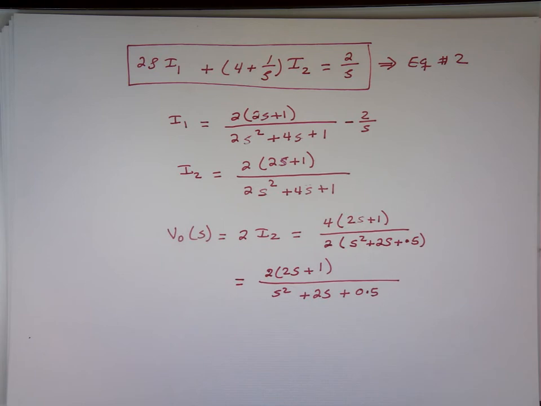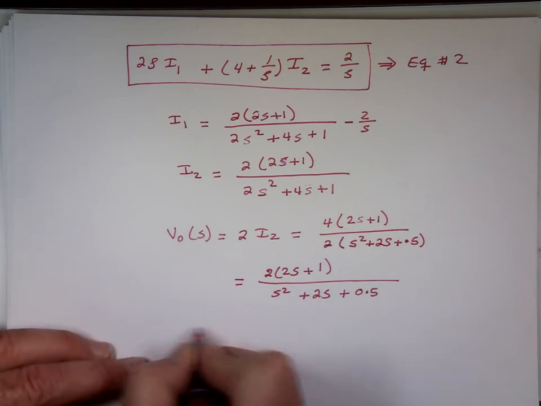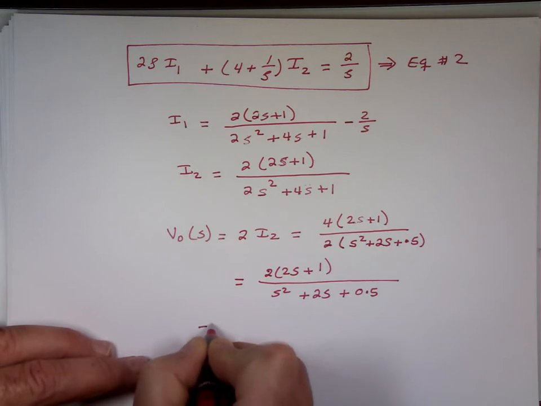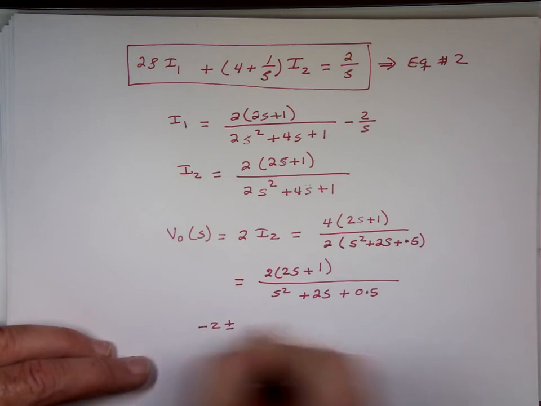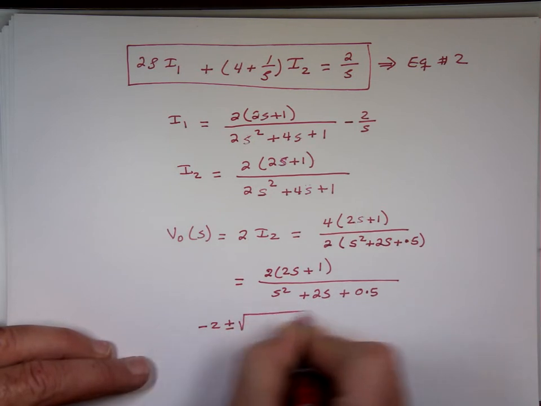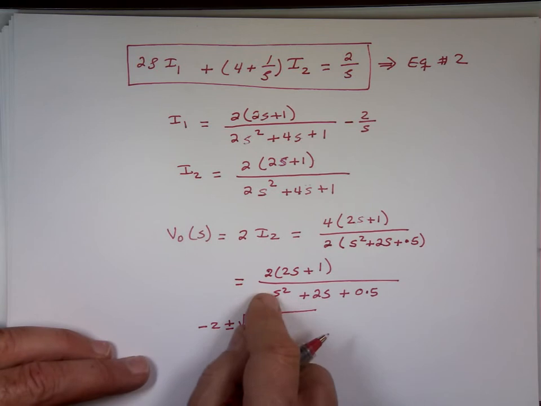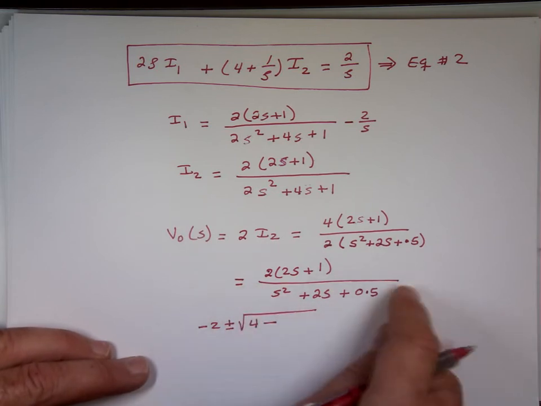If you solve that quadratic equation, you will have minus 2 plus or minus the square root of 4 minus 4 times A times C, 4 times 1 times, that's a 2.